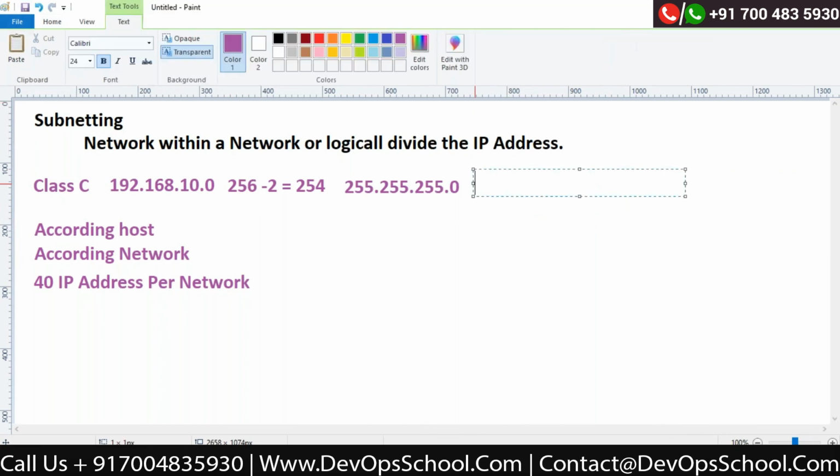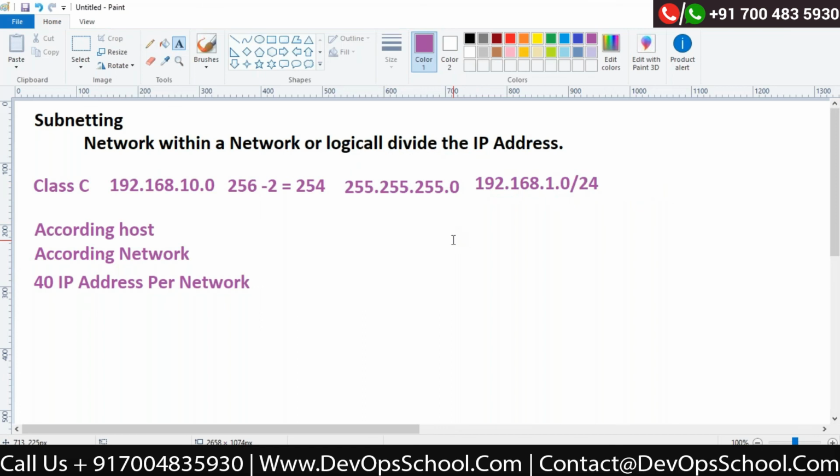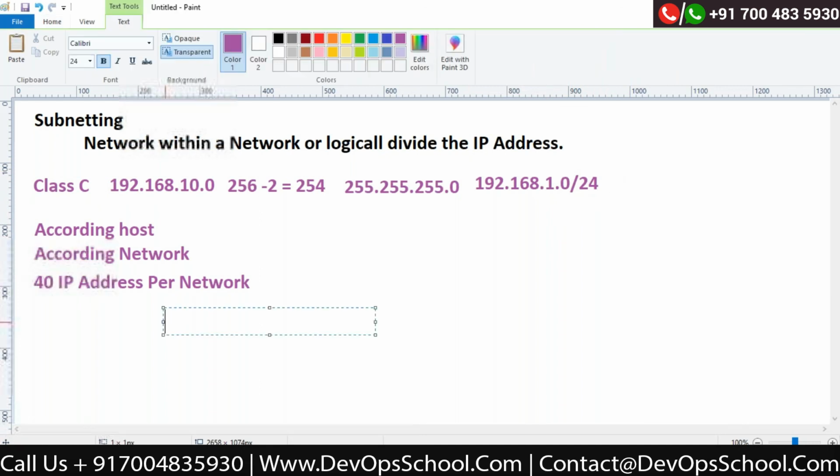So it is written in this format 192.168.1.0/24. Correct? We know that in class C, how many bits are assigned for the network? 24. We are not going to touch anything on these network bits at all. So this network bit is something which is fixed. We don't need to bother about it.